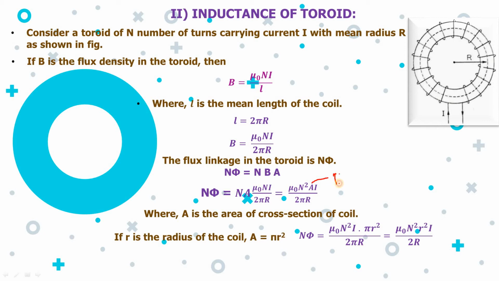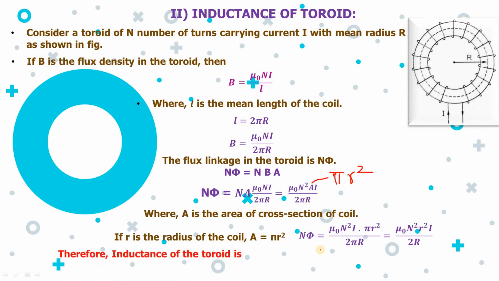Therefore mu naught N square I into pi r square divided by 2 pi R. So mu naught N square r square I divided by 2 R, where capital R is the mean radius and small r is the radius of the coil. I repeat once again, capital R is the mean radius and small r is the radius of the coil.